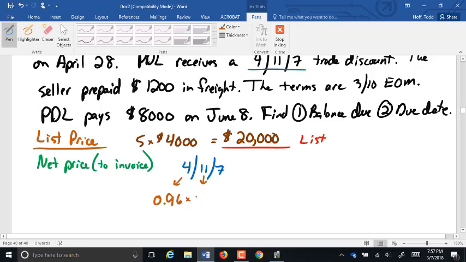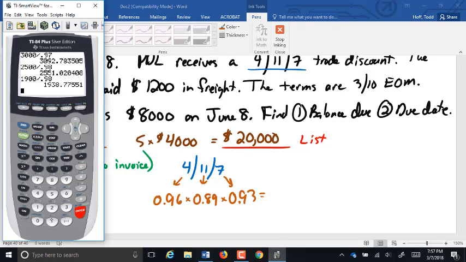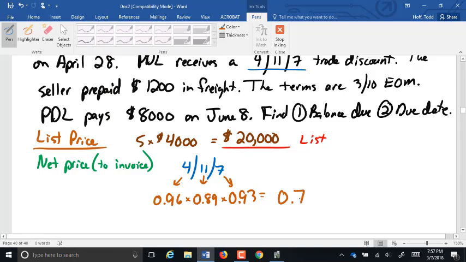Times the 11 becomes 0.89, good. Times the 7 becomes 0.93. So 0.96 times 0.89 times 0.93 gives us 0.794592.